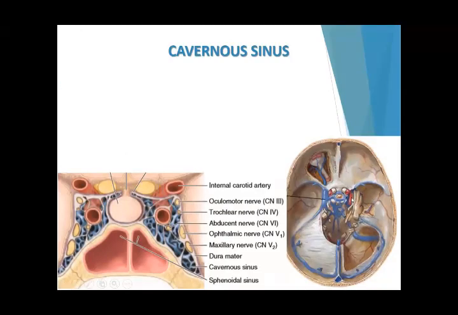This is the third cranial nerve, oculomotor. This is the trochlear nerve. Trochlear is the fourth cranial nerve, and then comes your fifth cranial nerve, जिसकी दो divisions हैं यहाँ पे, ophthalmic and maxillary.